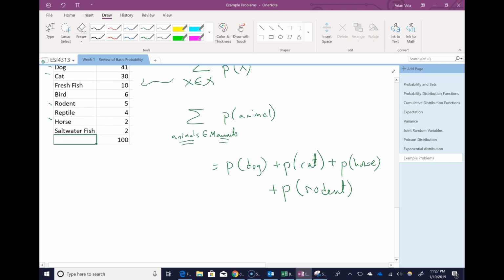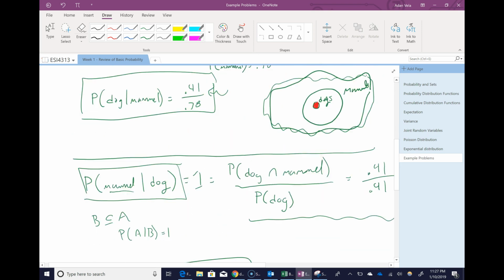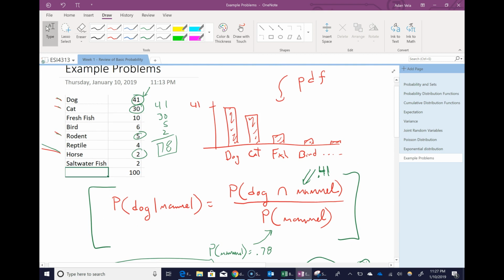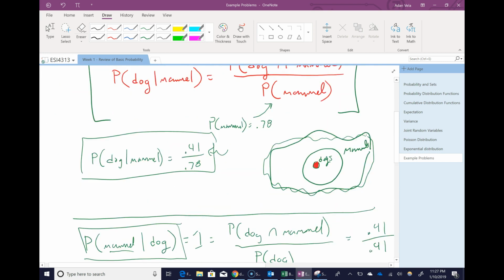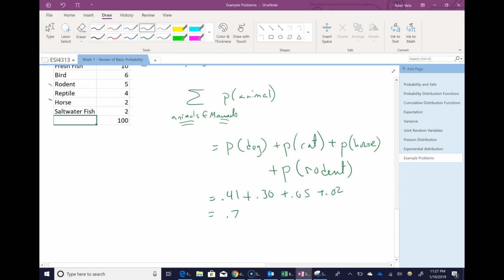So of course I can just add these numbers up. I get 0.41 plus 0.30 plus 0.05 plus 0.02. I don't know what that adds up to exactly. Or do I actually? I do. It's 78, because we did that before. So if you add that up, it's 0.78.